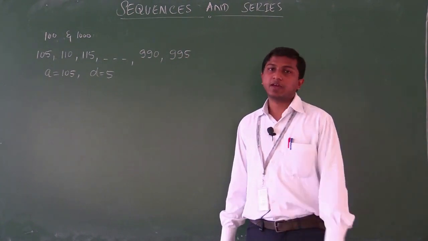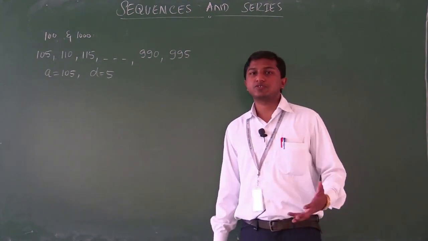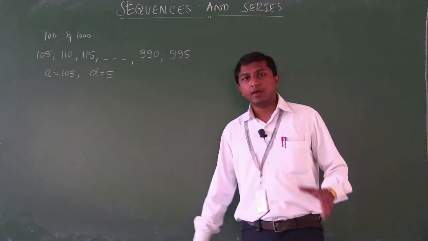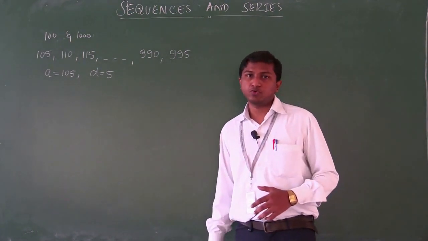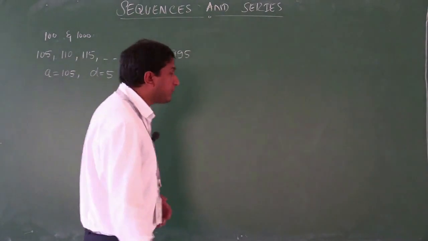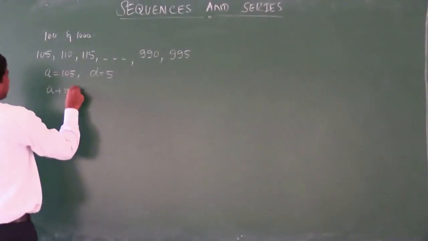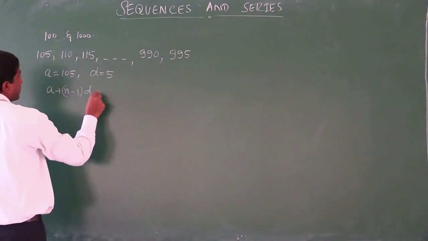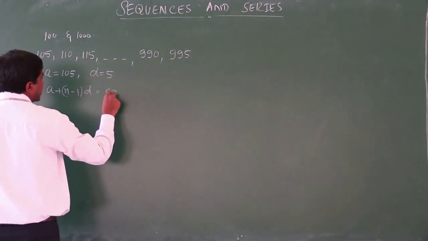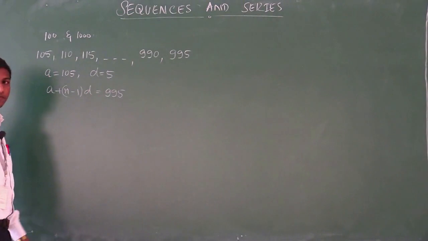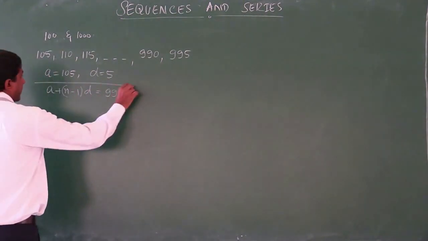We equate 995 to the general term of this AP, a plus n minus 1 into d. We'll do that and find out the value of n. A plus n minus 1 into d equals 995. What is the value of a?